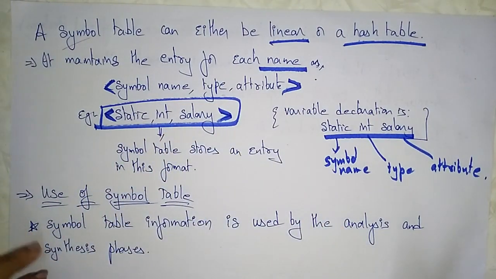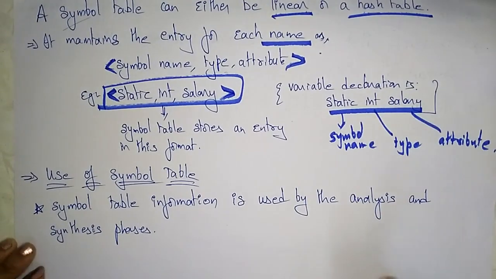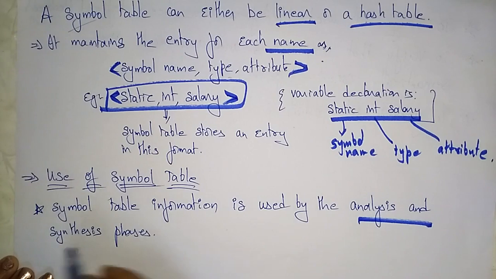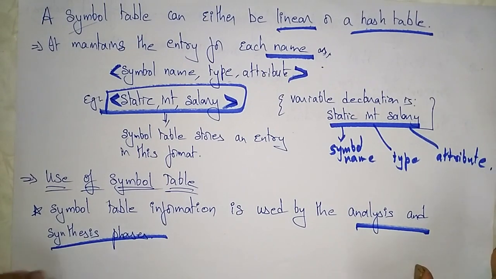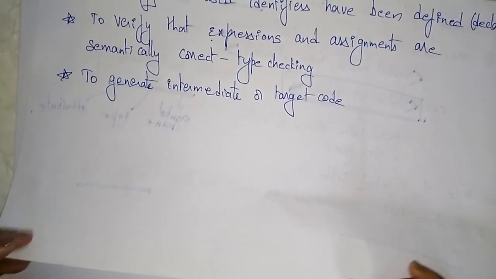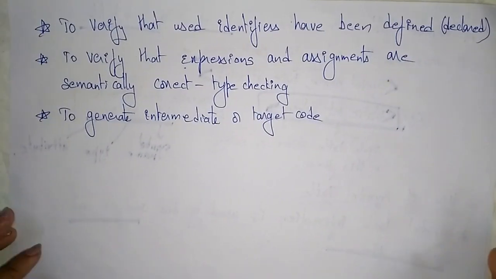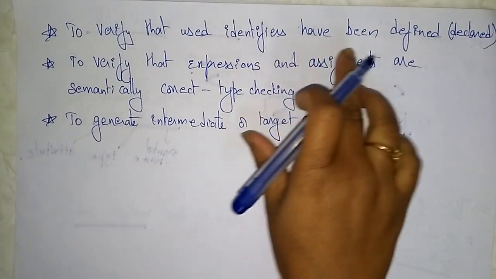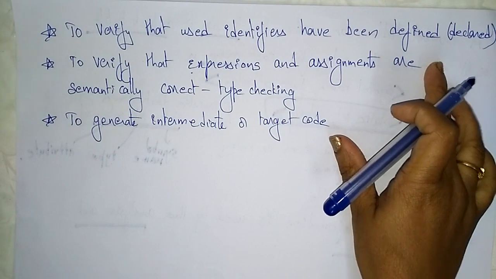Now let's see the use of the symbol table. The symbol table information is used by the analysis and the synthesis phase. I already explained that. It is used to verify that the identifiers used have been defined or declared.